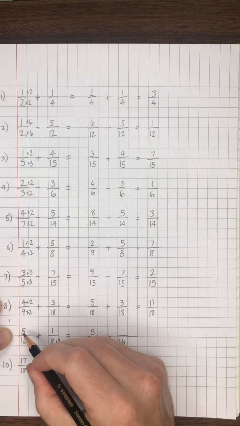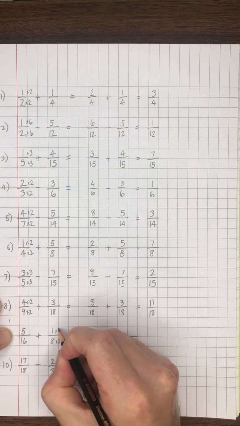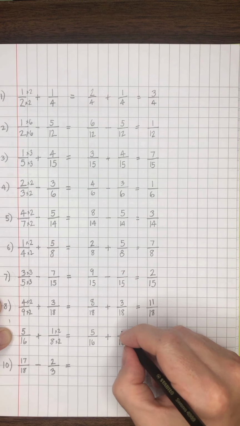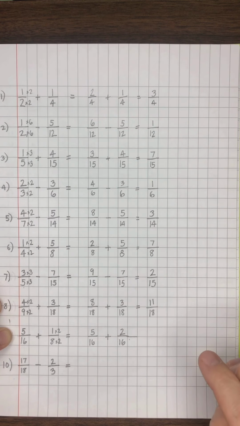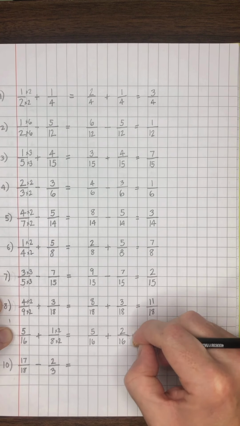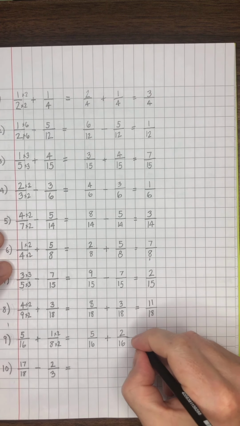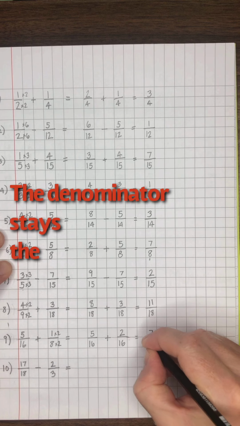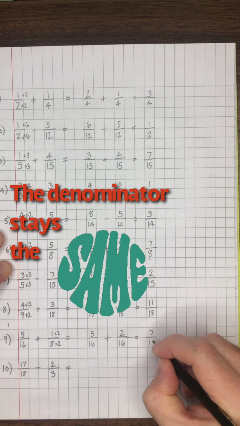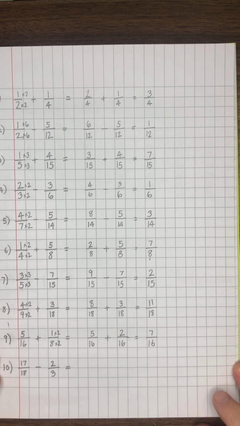And whatever we do to the denominator, we must do to the numerator. This is an addition problem. 5 plus 2 is equal to 7, and the denominator stays the same. 7/16 is our answer.